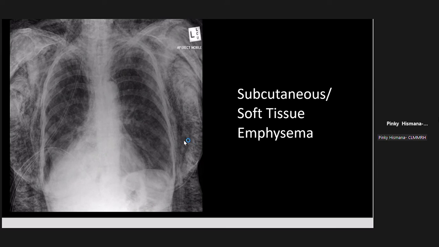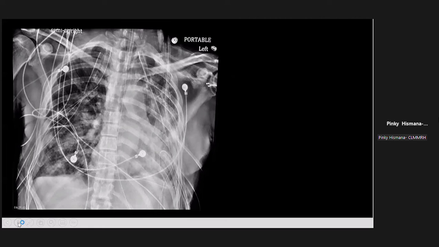If you notice on top, it's lucent and thickened because air is already interspersed with your soft tissue. So please remember the term emphysema for air, and air is lucent. So this is a case of soft tissue emphysema.